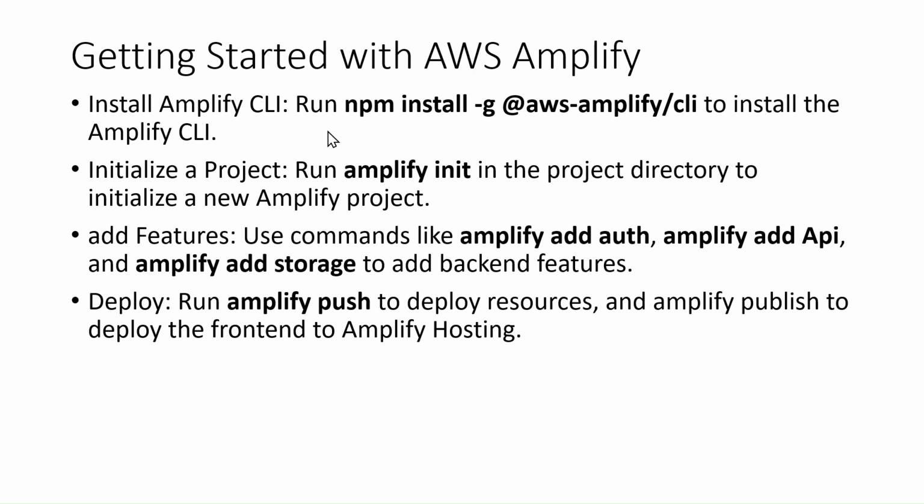So here are some Amplify basic commands and how we are going to start. If you are moving with the CLI mode, whether on your local system CLI or using the Visual Studio IDE for your CLI mode, the prerequisite is that you need to have the latest version of Node.js installed on your local machine, or if you are using WSL, install the latest Node.js, along with the AWS CLI.